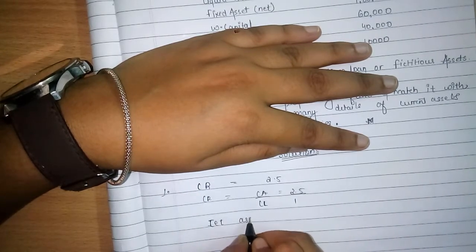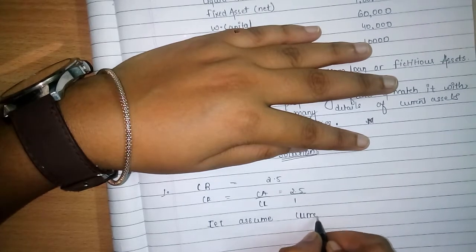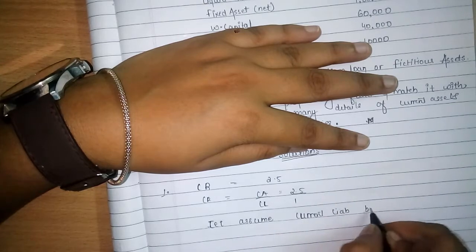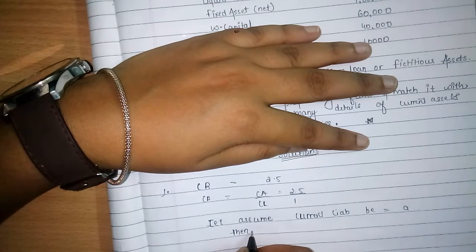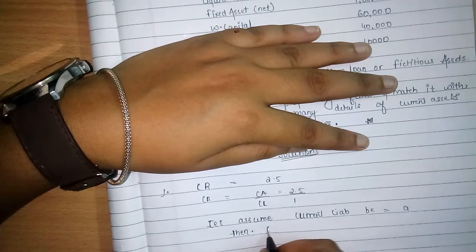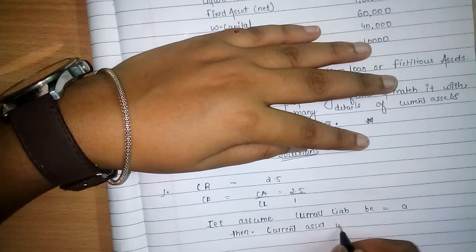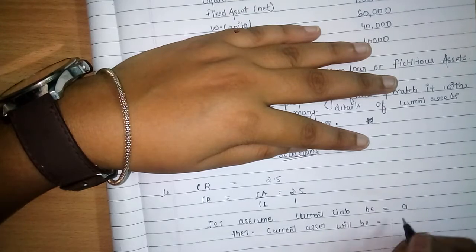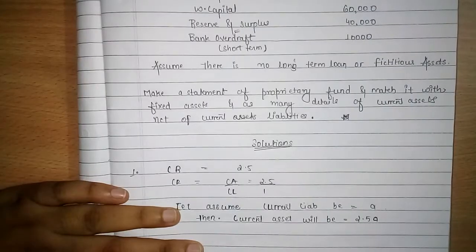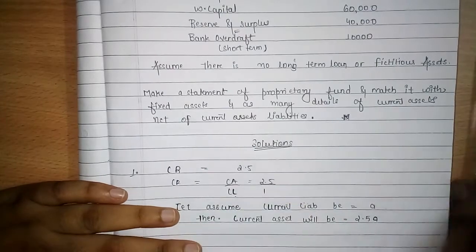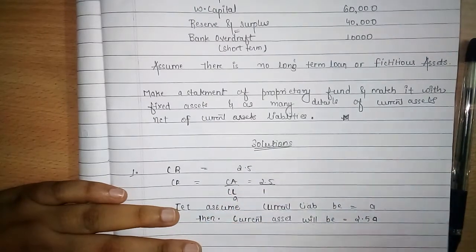Let's assume current liabilities be A, then current assets will be 2.5A. If we assume current liabilities as A, then multiplying, 2.5A comes as current assets.